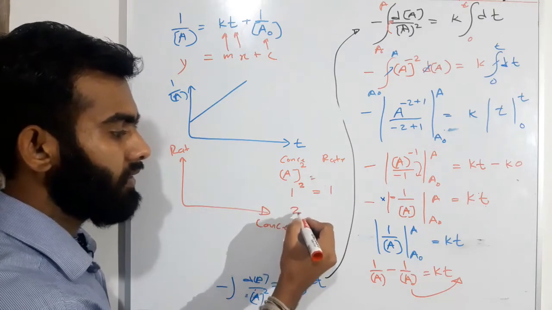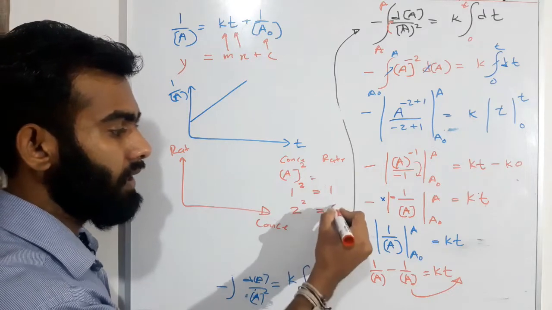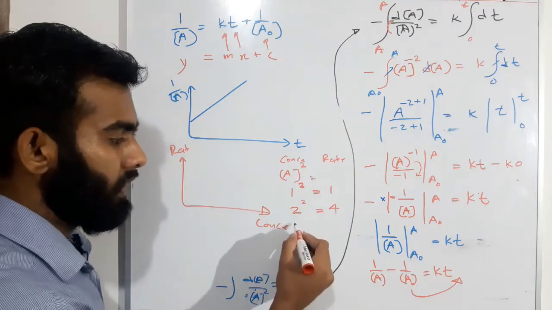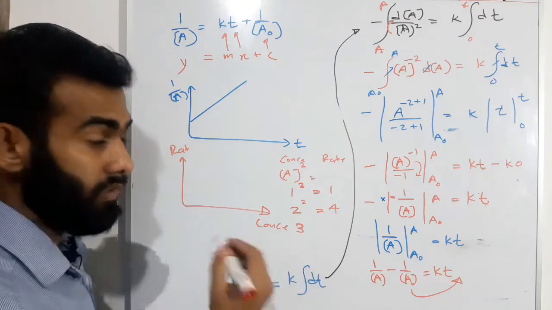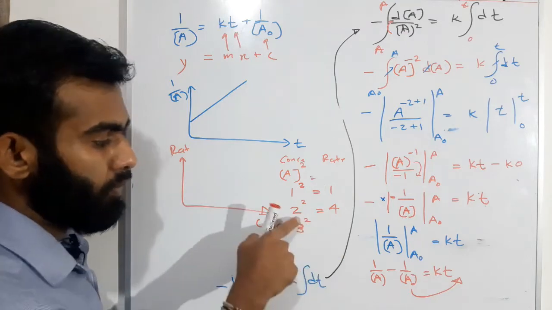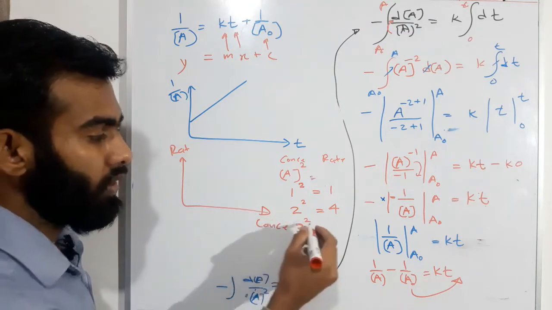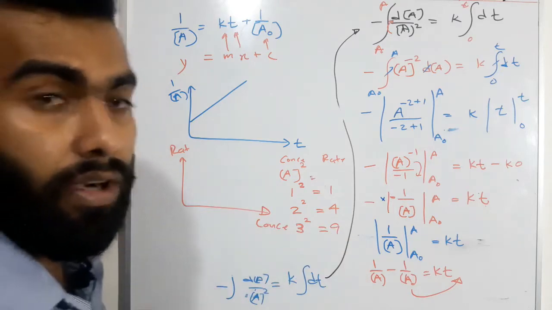If we double the concentration, its order is 2, the rate will be 4. If we increase our concentration by 3 times, the order is 2, it will be 9. Likewise, it will increase drastically.